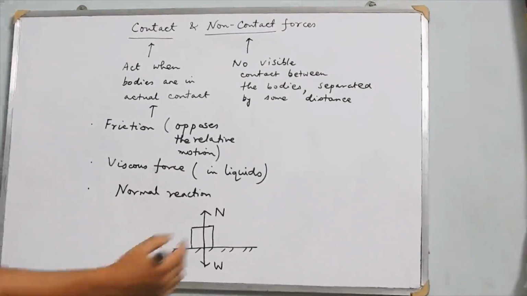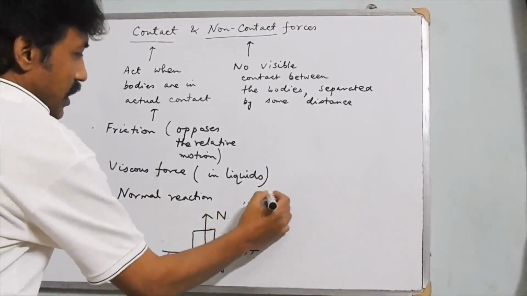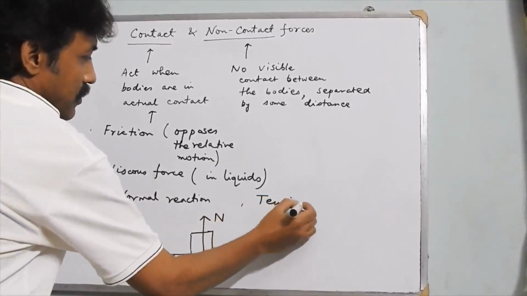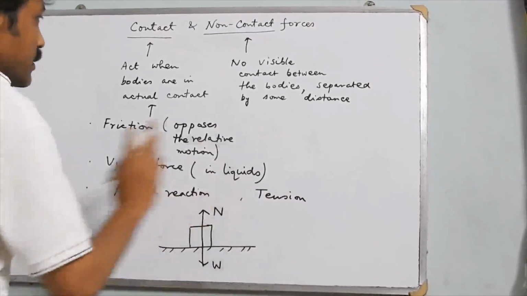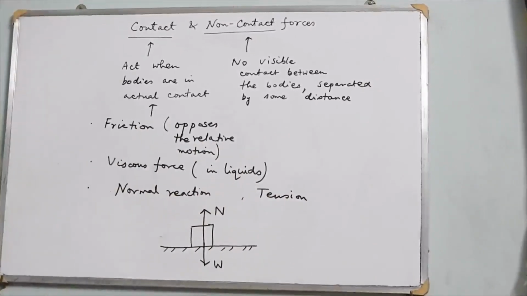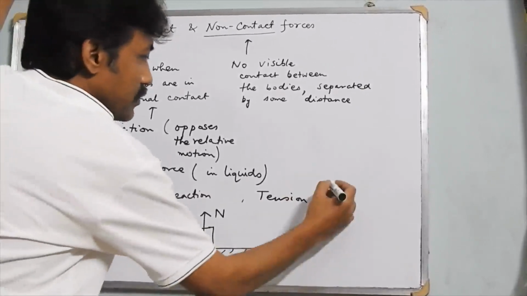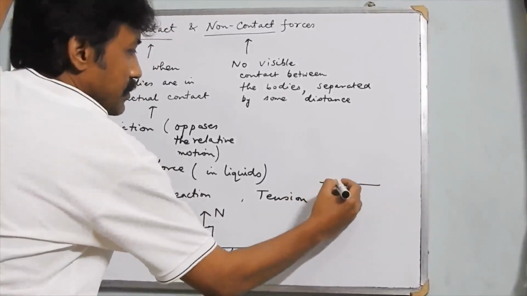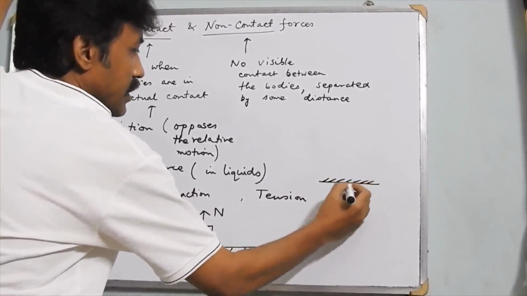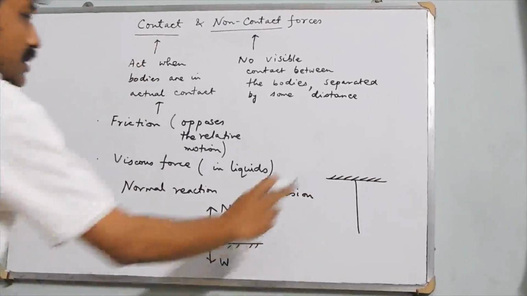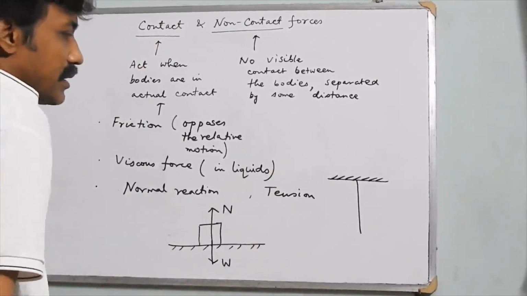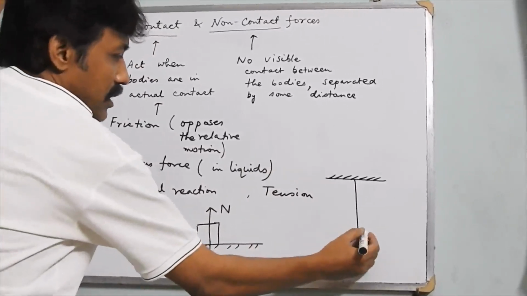The force of tension: whenever we stretch a string, the force of tension that develops is also a contact force. For example, a string is suspended from a rigid support and you apply a force in the downward direction.